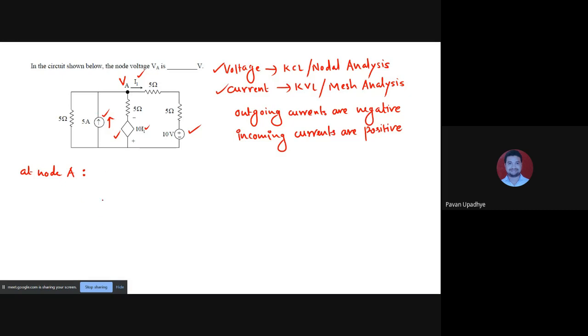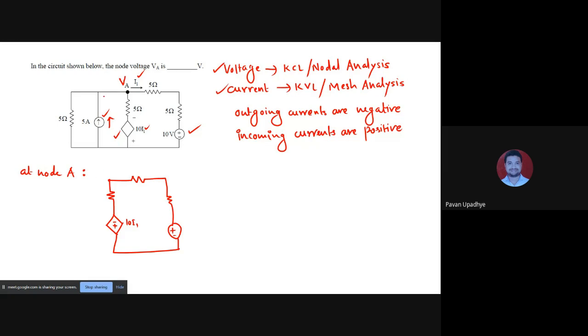Better I redraw this circuit because some people may not understand it. So this is minus plus 10 I1 and this is 4 ohm. This is 5 ohm and this is a 10 volt source.